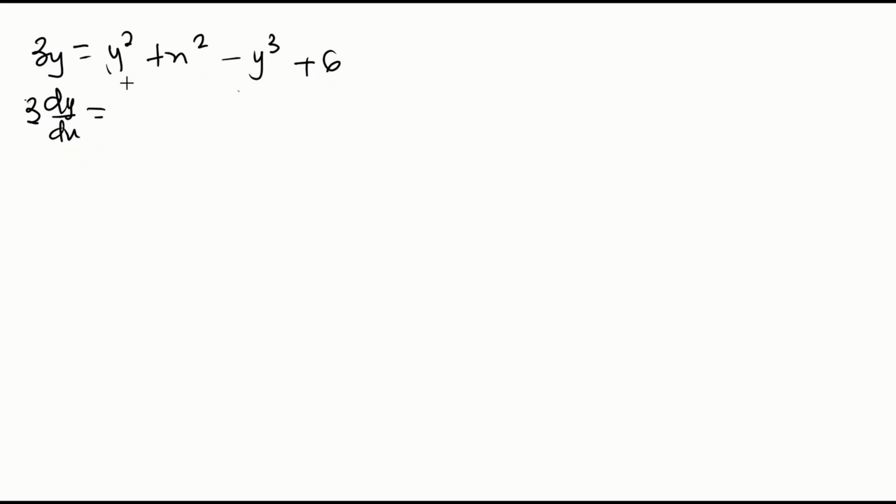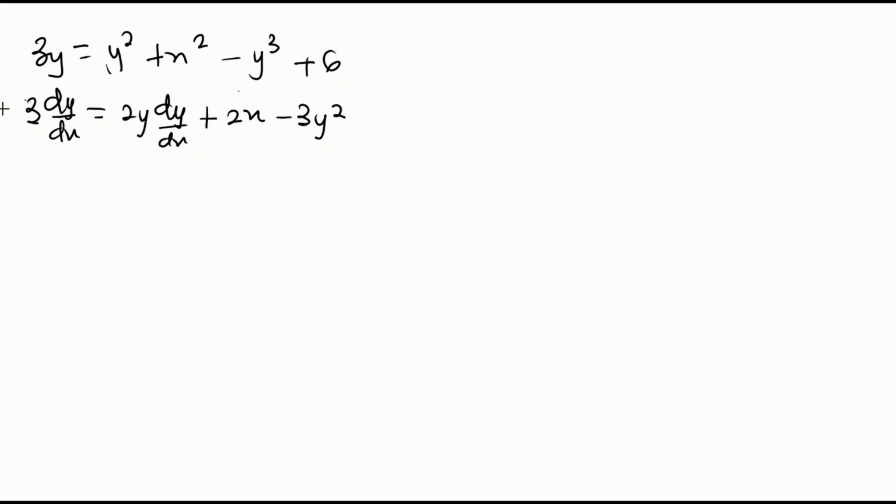This is equal to y to the power 2; I differentiate this and get 2y, and I multiply it by dy dx. I add that to the derivative of x to the power 2, which gives me 2x. I differentiate this one, it will be minus 3y to the power 2.